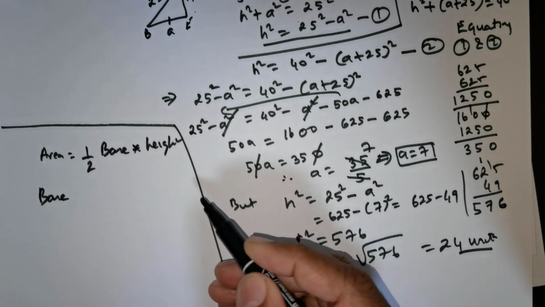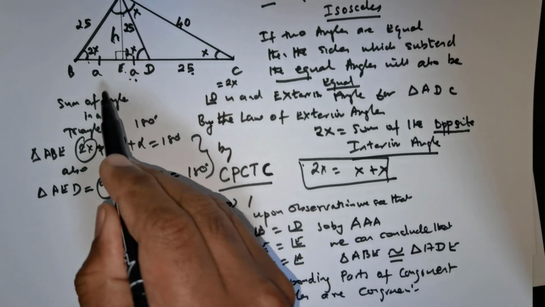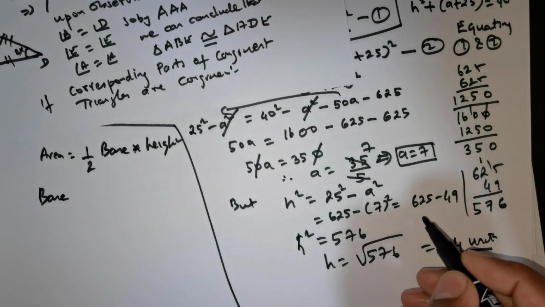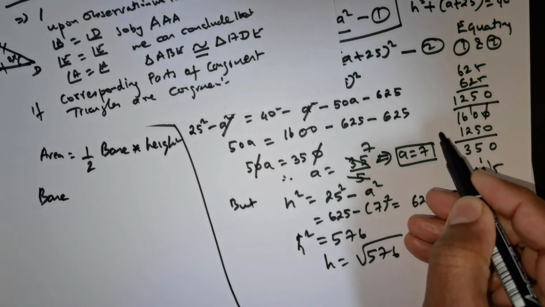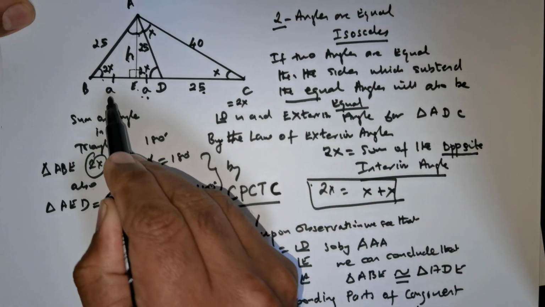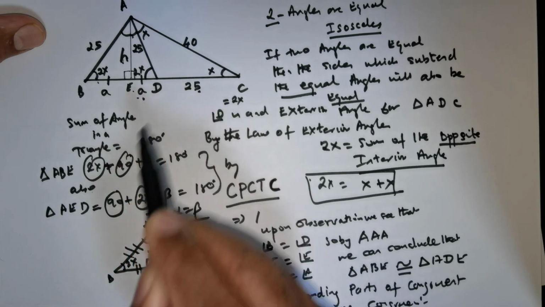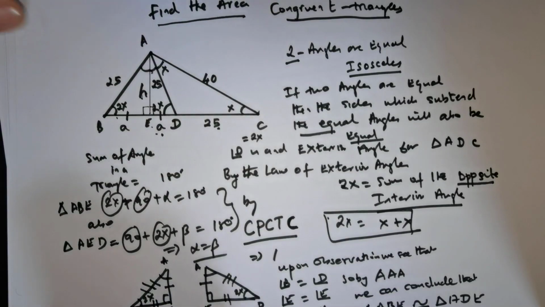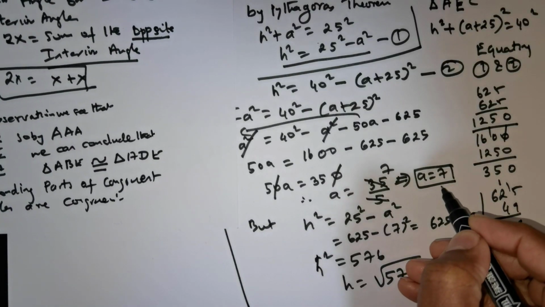So base, the entire base, what is the entire base? The total base is what? A is found out to be 7 units, right? 7 units. So 7 has to be added with 7, and then this has to be added with 25. Let me show you the base here. So one more time, A is equal to 7 units.